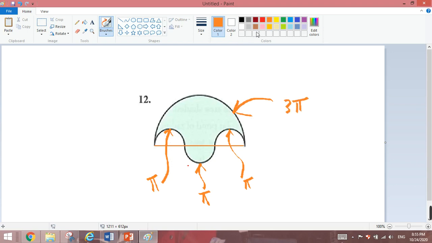Let's imagine that this is my starting point here, and I go around the shape to close it.